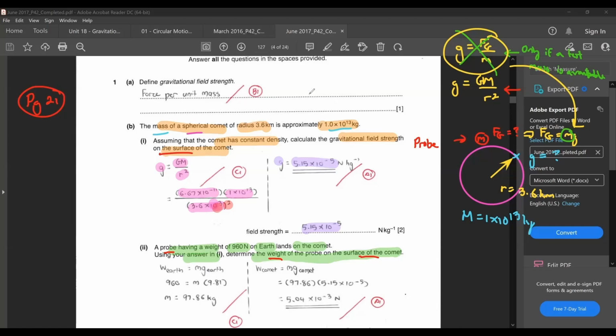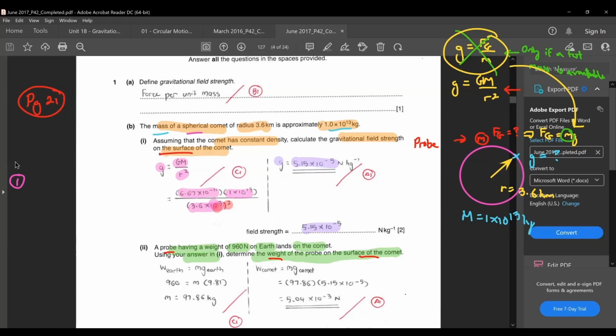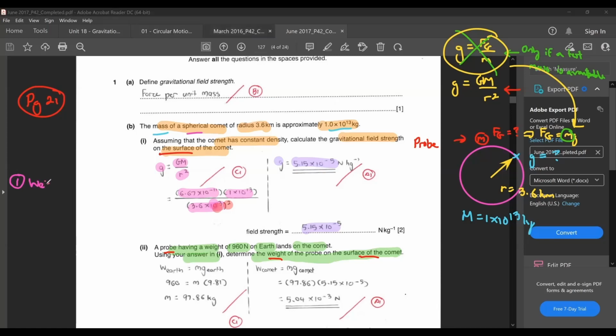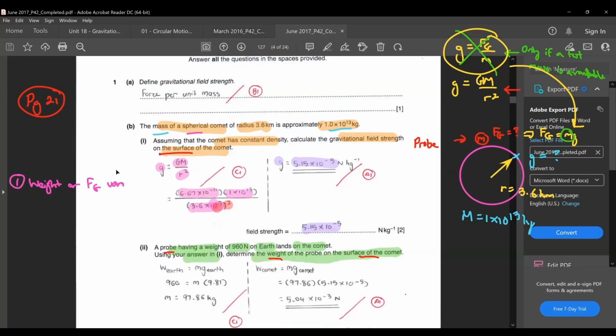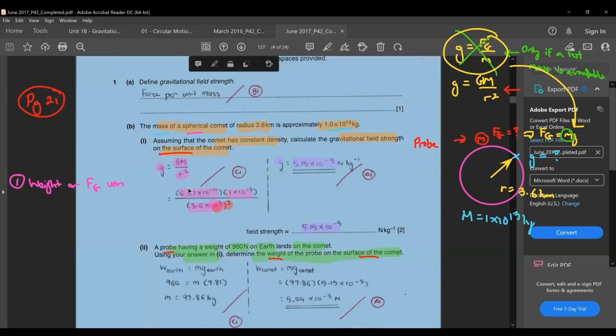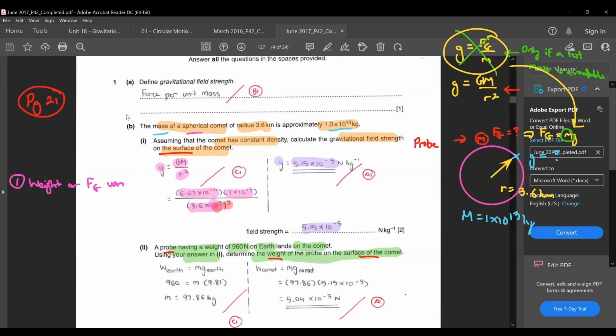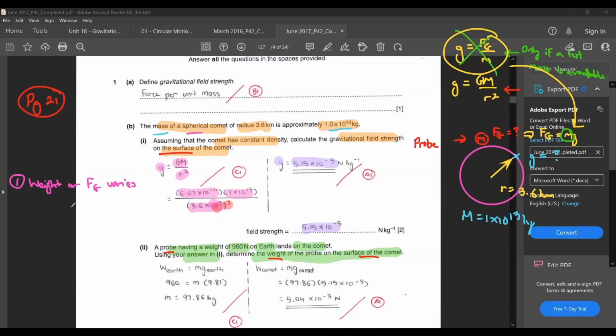Now, this one actually relates to what you learned in your AS. In AS, remember we told you that weight or gravitational force varies with location.